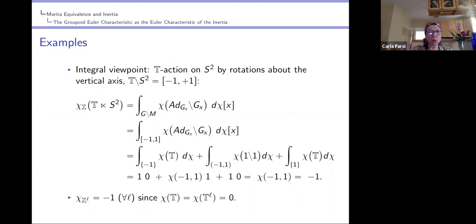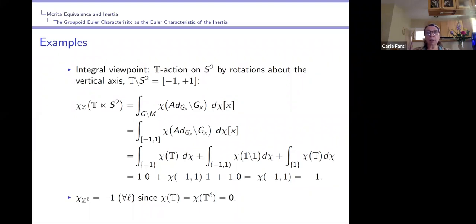The first integral gives you 0 because chi of the torus is 0. The last integral gives you 0 because chi of the torus is 0. So the only thing remaining is chi of the open interval -1, 1, so that gives you -1.